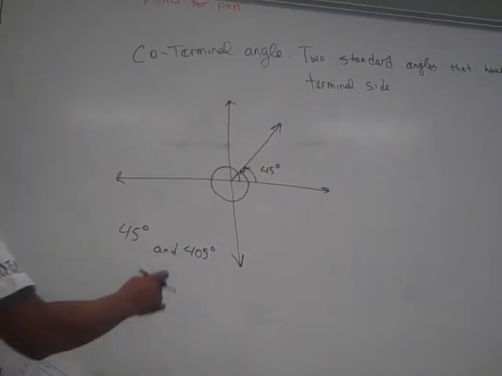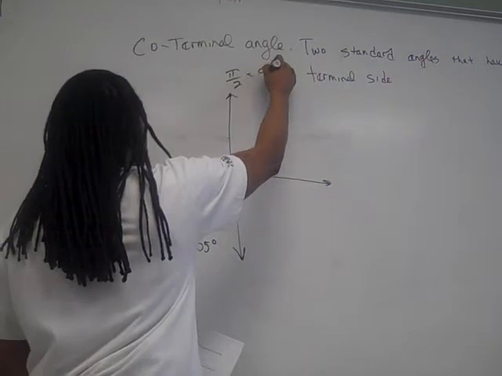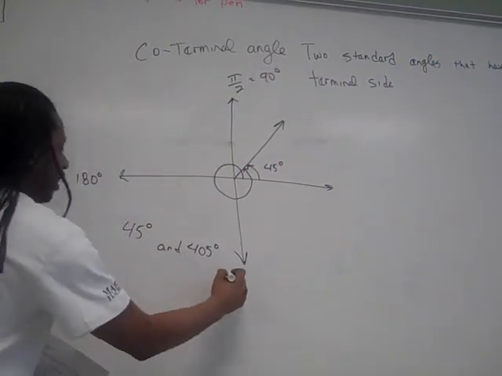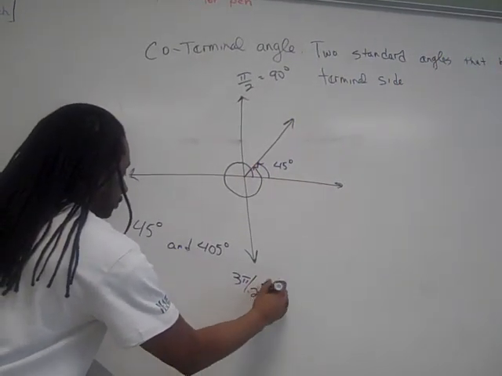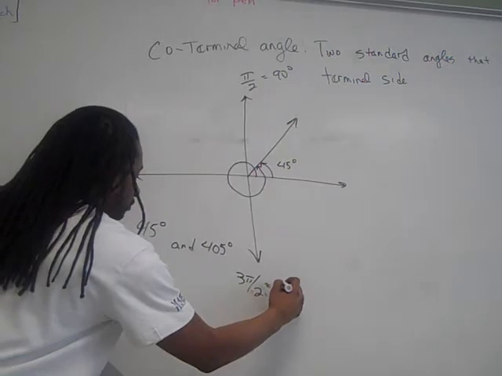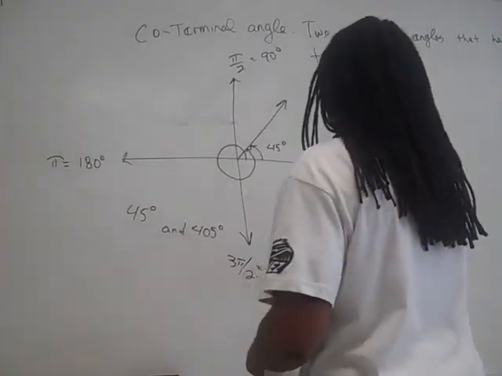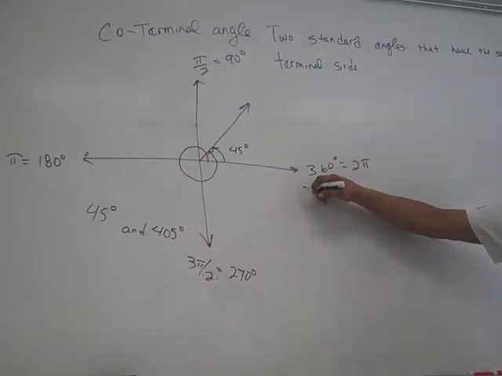People, I asked you to remember this. Did I not ask you to commit this to memory when I gave it to you? Yes, sir. So, if I'm dealing with degrees, I add or subtract 360.